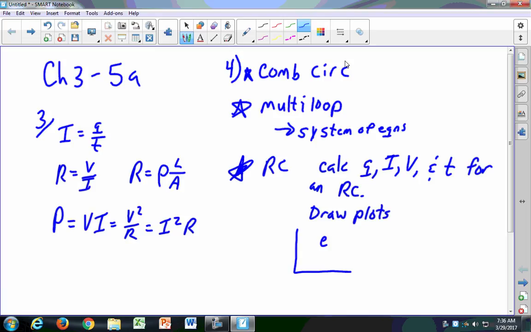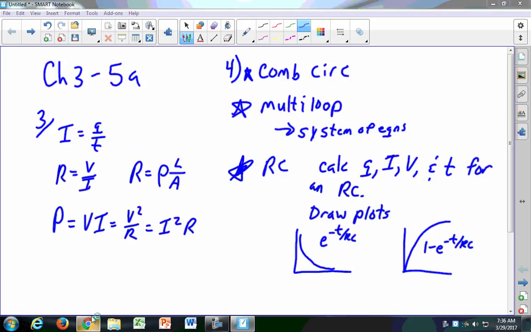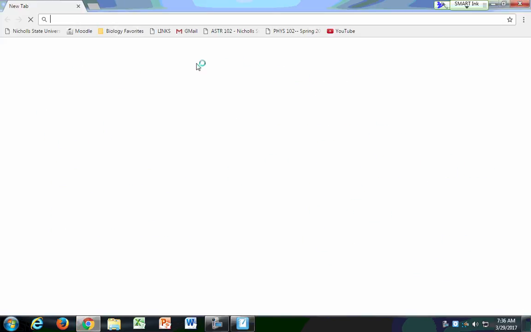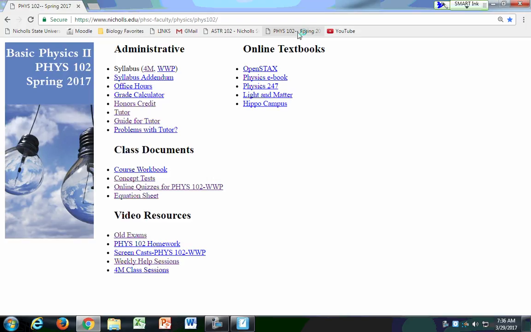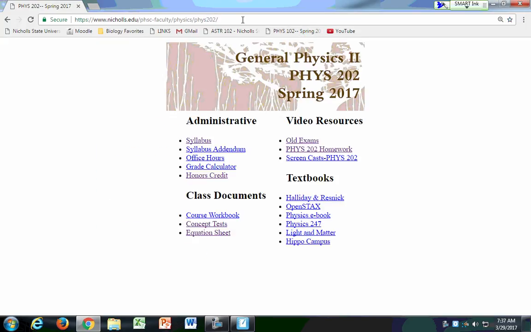Our decay curve is e to the minus t over RC, and it looks like this, right? That's a decay. Our growth curve looks like this, and it's 1 minus e to the minus t over RC. And if you go to your equation sheet, you'll see that those functions are on the equation sheet, and they actually tell you, is it charging or discharging? I think that's right. Let's double check.